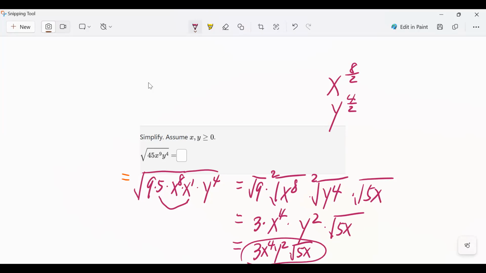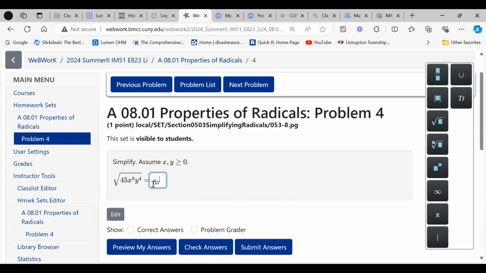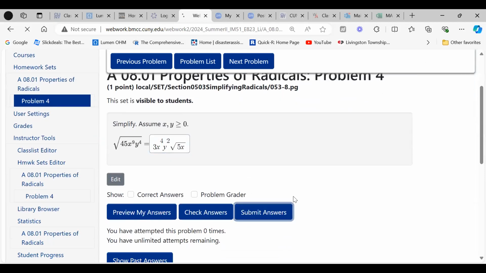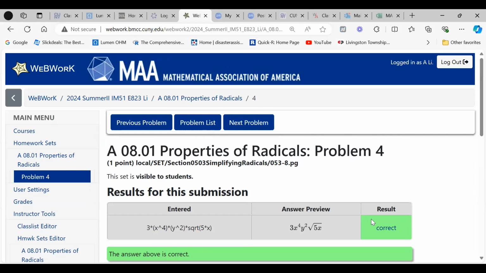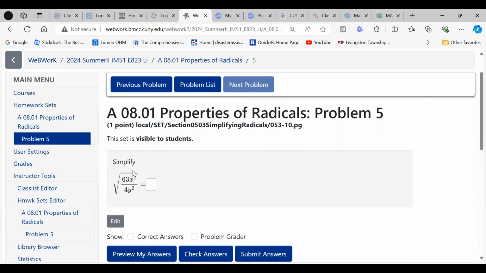Any question about this? 3x to the fourth y to the second, square root of 5x. That will do it. It's the answer. Next one. Okay, let's try this one. You guys try this one first.